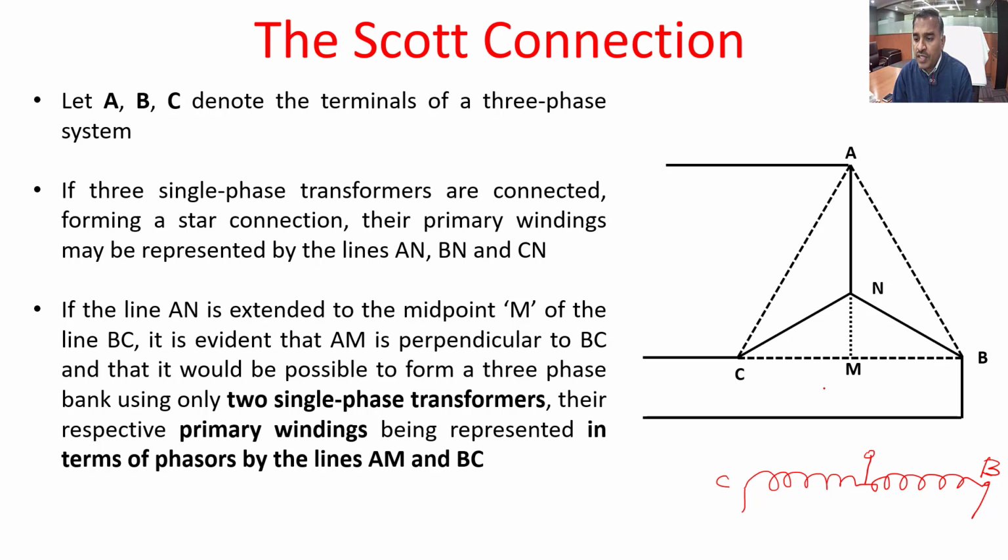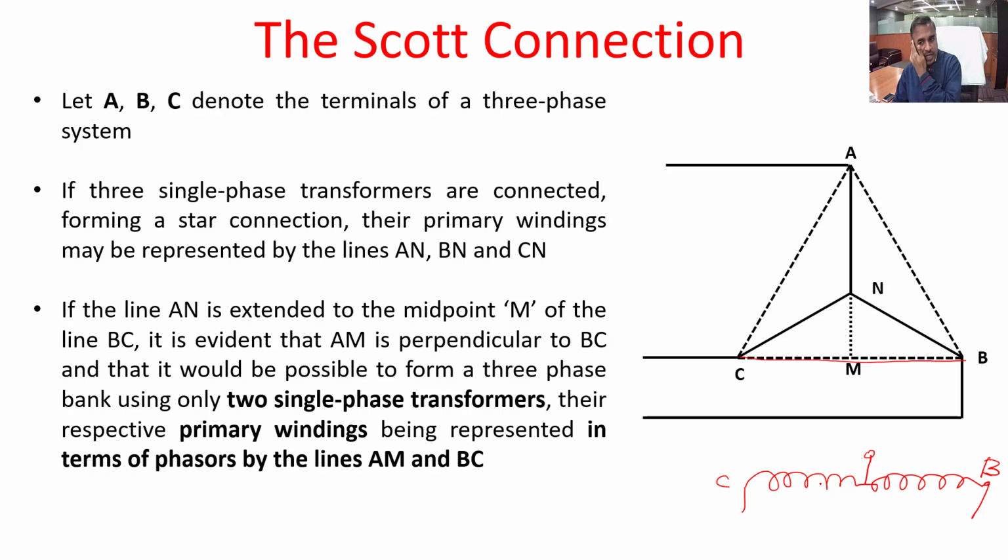Now, if anything symmetrical is connected from any point to this midpoint, since that is symmetrical to both C and B, it won't affect this distribution. So the line-to-line voltage BC will be on this winding itself.